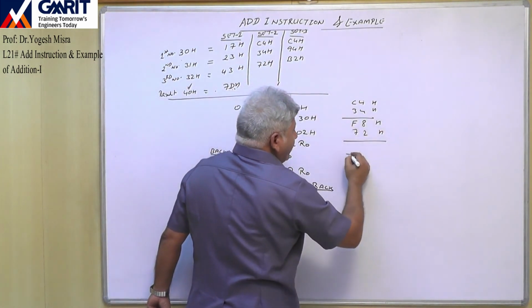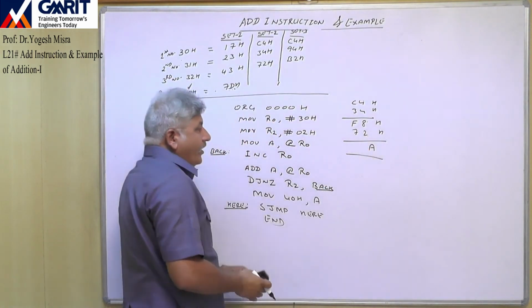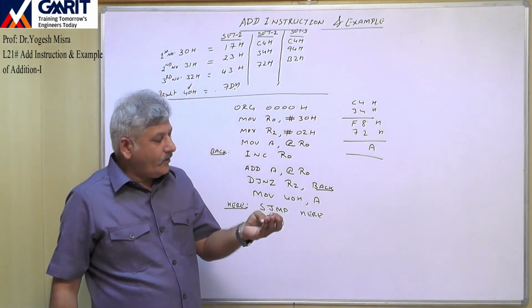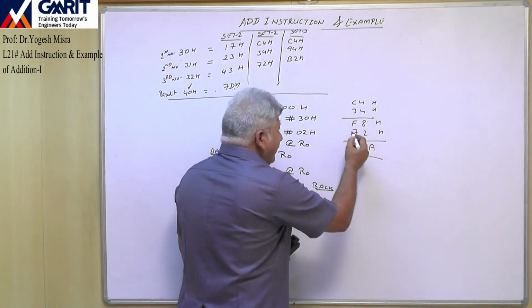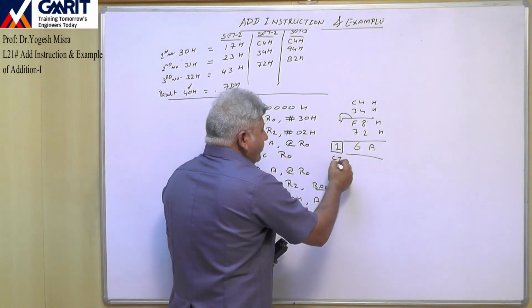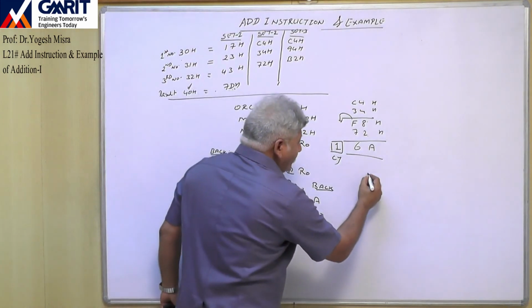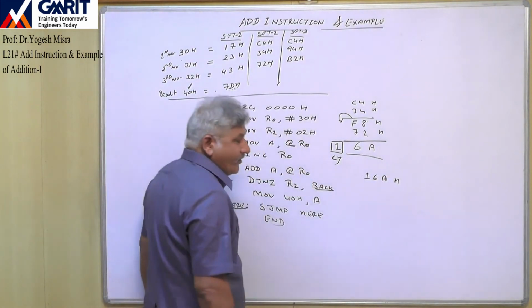Now when we are adding this number, 8 plus 2 is A, and F plus 7 is 0, 1, 2, 3, 4, 5, 6. So 6 here and one carry will be generated. After adding these three numbers, our result should be 16AH.